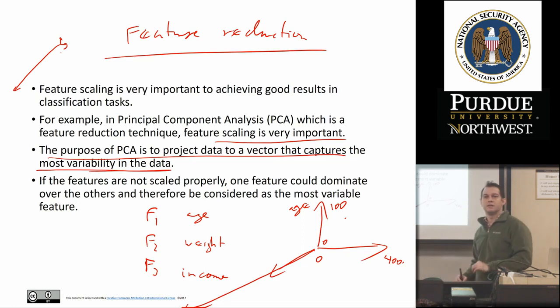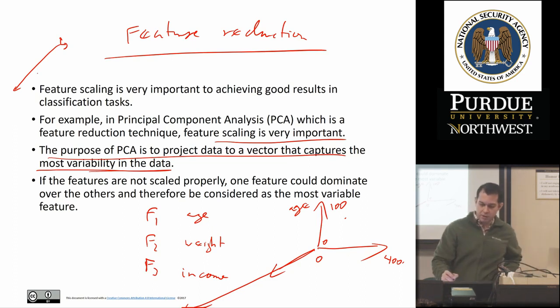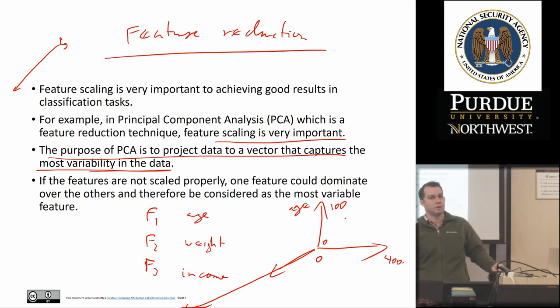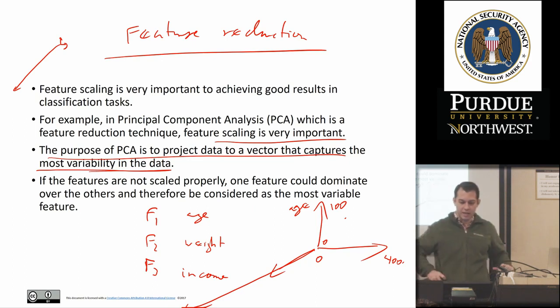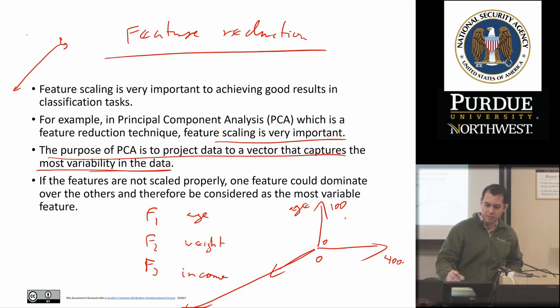Do you see that? And so this feature here is too long in comparison to the other ones. Do you guys see that? And that's what scaling is. Scaling is, I'm going to scale all of these to be from 0 to 1, because it's going to be in relation to 400, or in relation to 100, and in relation to 1 billion. And so that allows you to make it into something that's proportional.